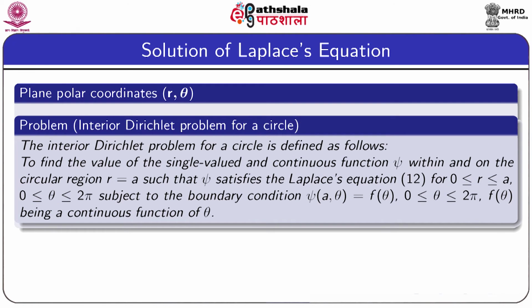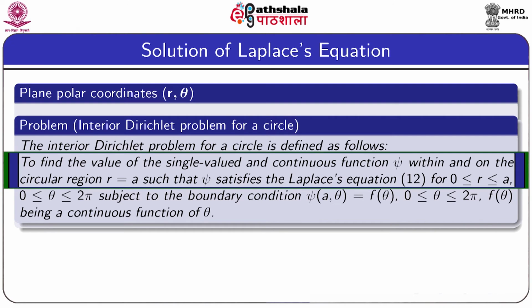Now, we are taking a boundary value problem, specifically the interior Dirichlet problem for a circle. The interior Dirichlet problem for a circle is defined as follows. We have to find the value of the single valued function which is continuous.